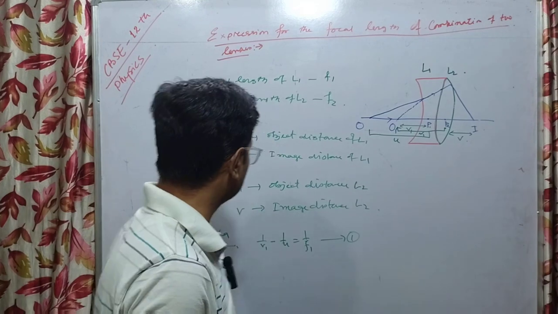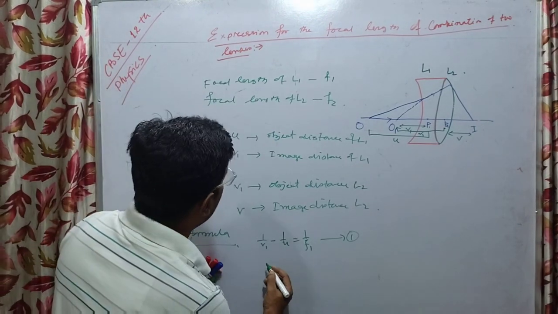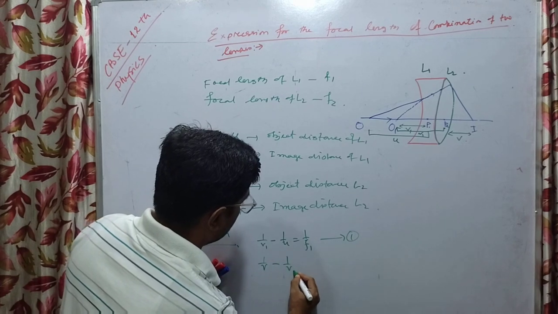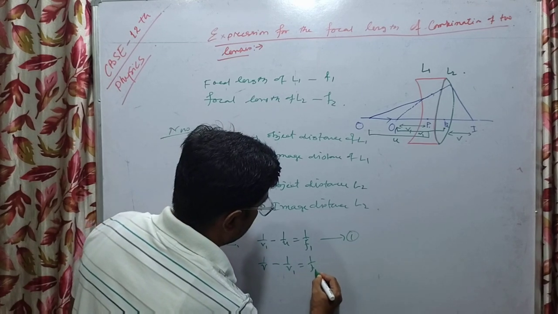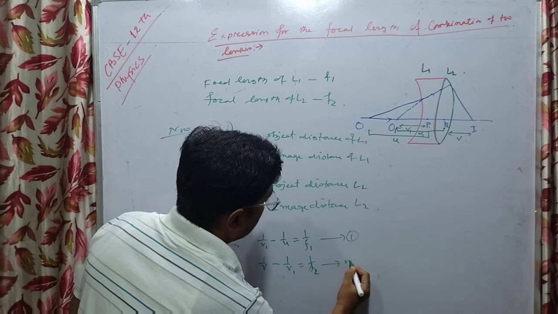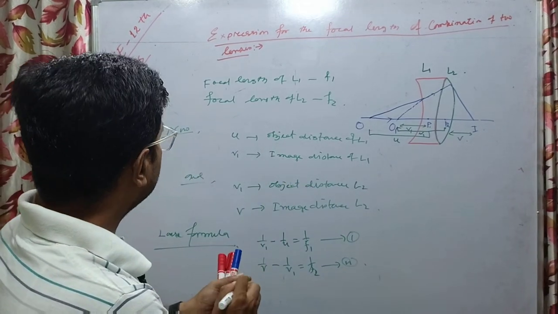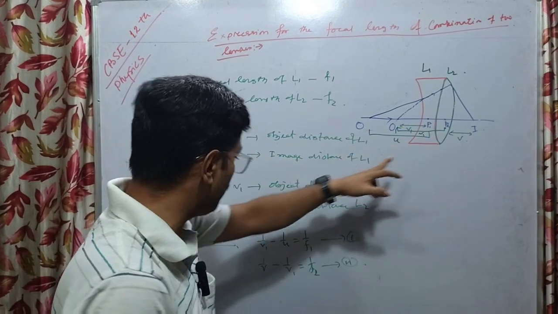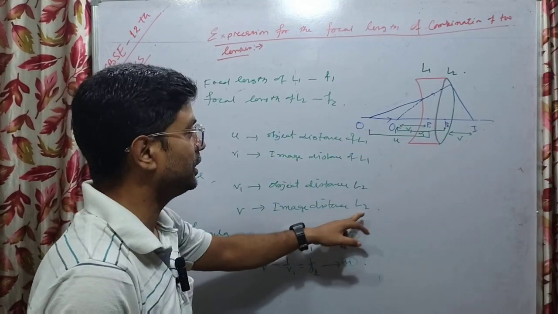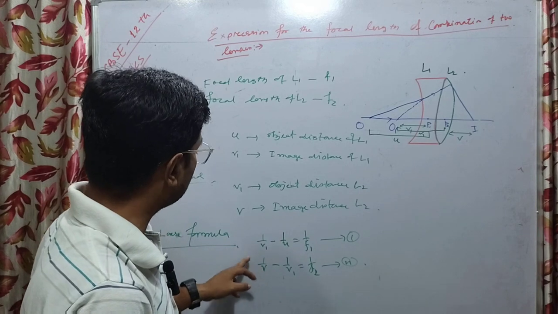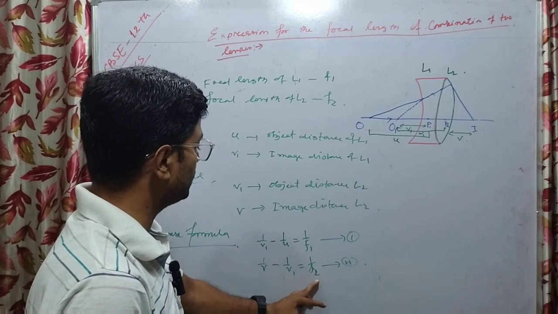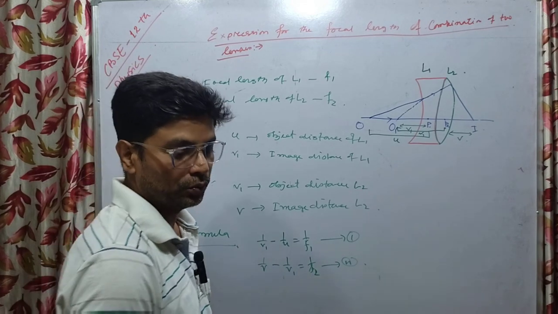Similarly, for lens 2, using the lens formula, I will have 1 by V minus 1 by V1 is equal to 1 by F2. It is because V1 is the object distance for lens 2 and V is the image distance for lens 2.